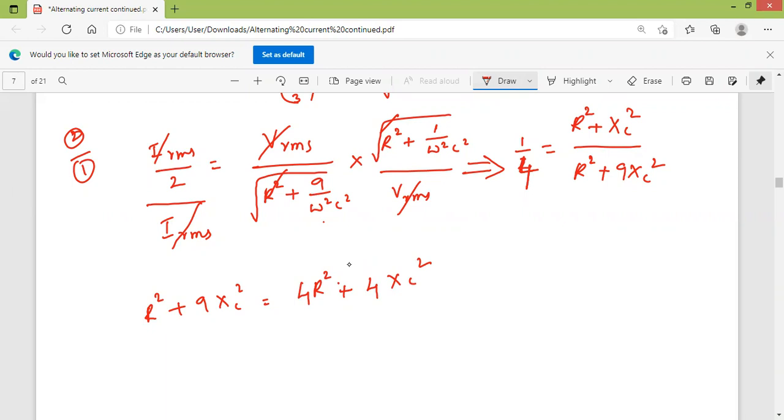So now take this R square to this side and 4XC square to this side.